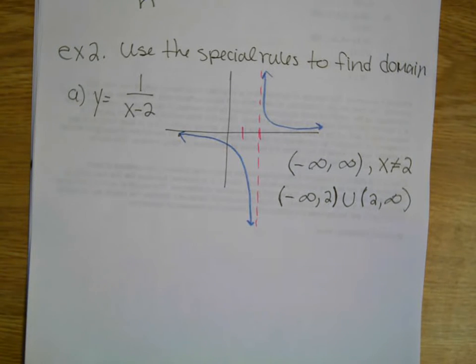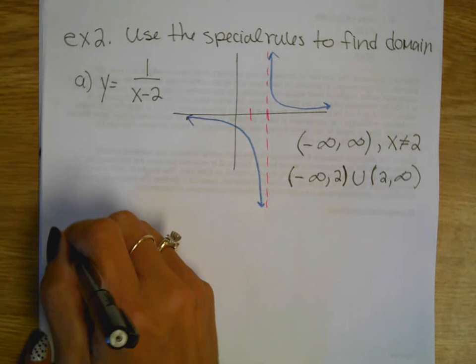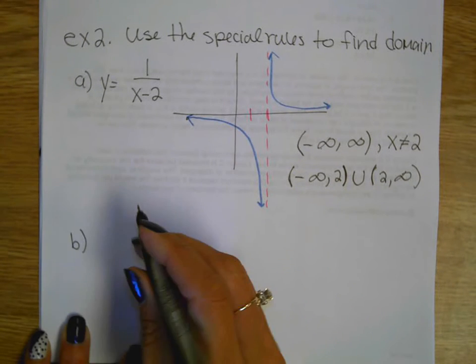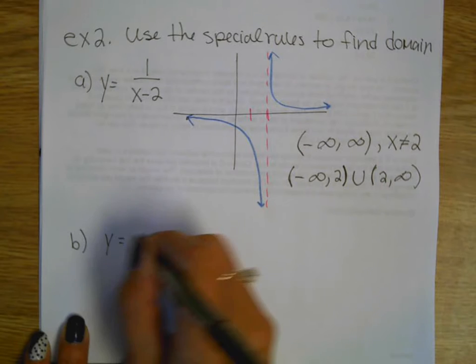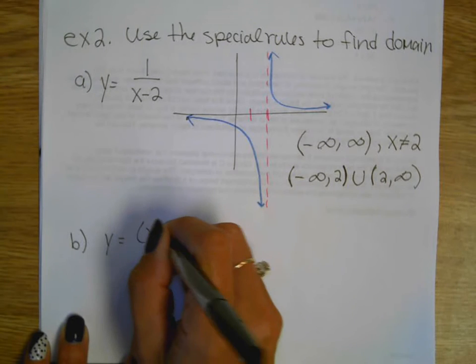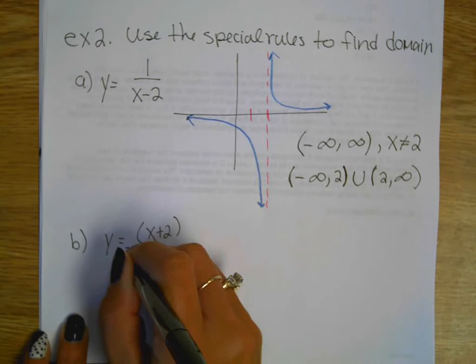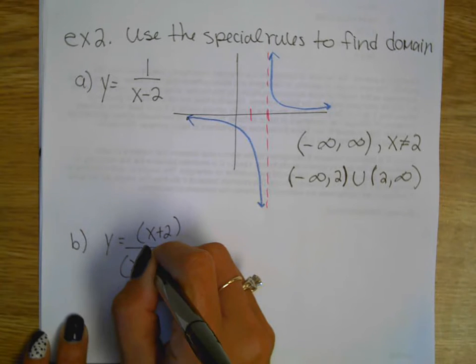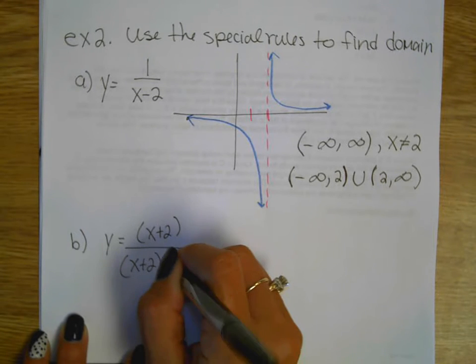All right, last one, yay. B. X plus 2 over X plus 2 times X minus 1.